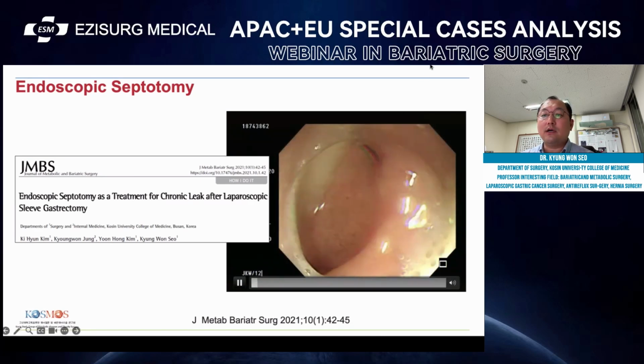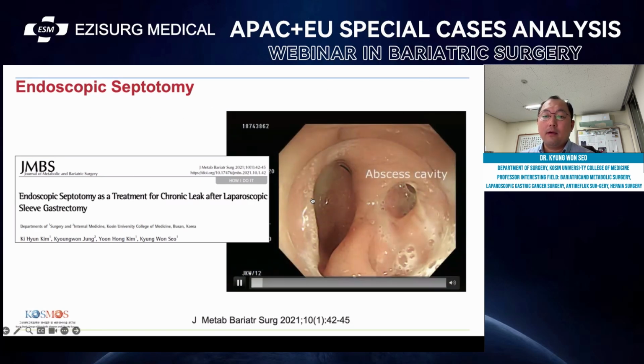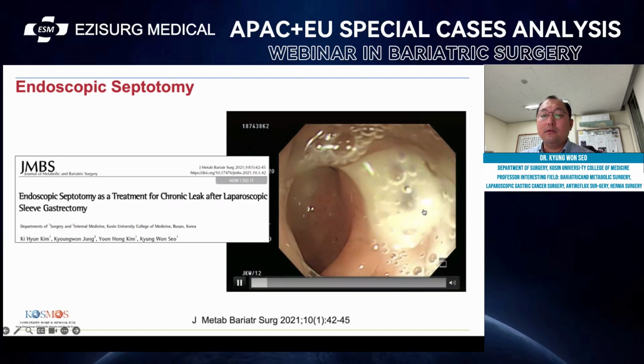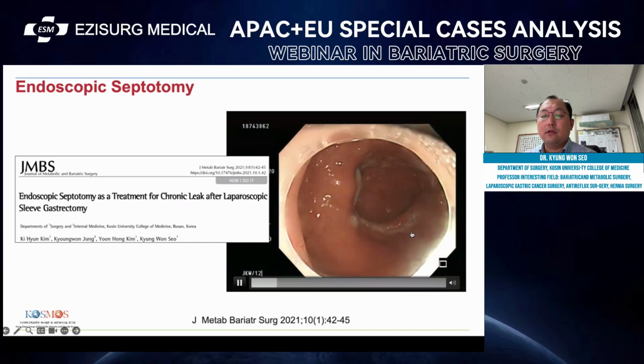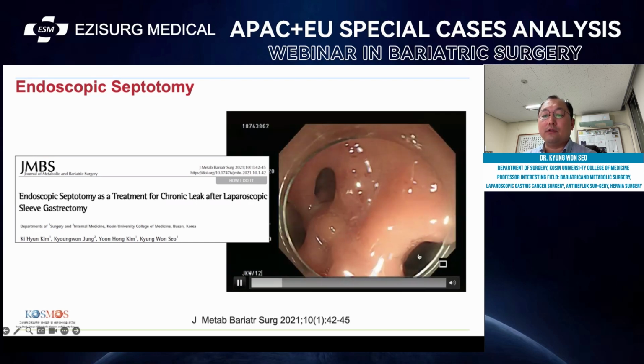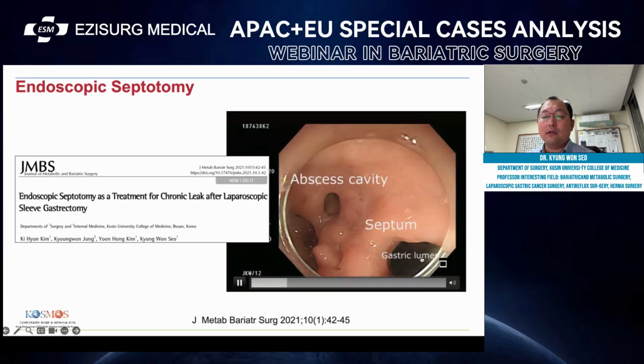So you can see the abscess cavity here, and then the gastric lumen was here, and we can see the septum between the abscess cavity and the gastric lumen.